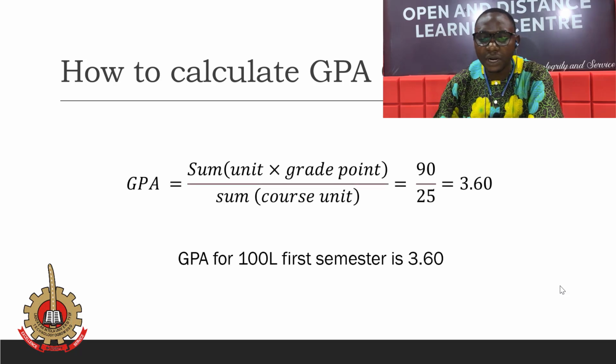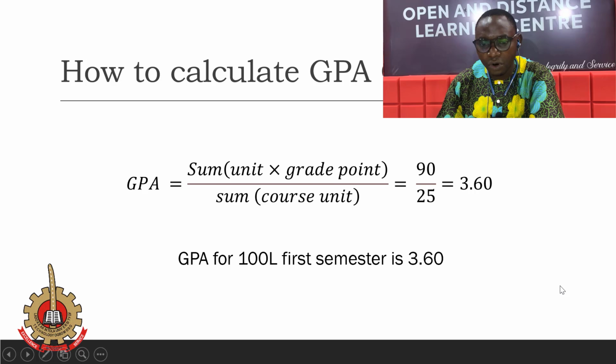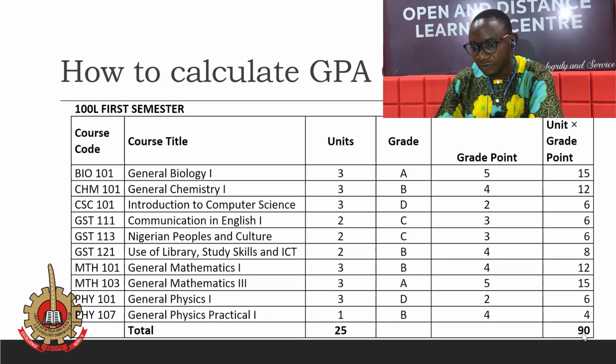Now this is the formula for the GPA: the sum of units multiplied by grade points, divided by the sum of all the units of the courses that you have registered for. Based on our previous calculation, the summation of units multiplied by grade, if you refer back to this, is 90.